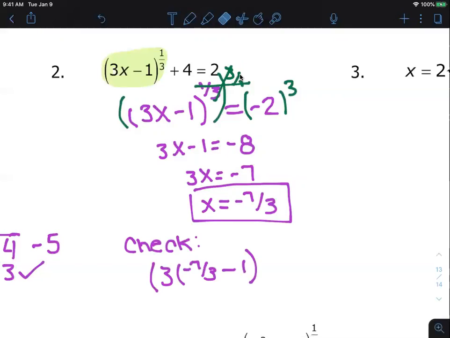You need 2 sets of parentheses because I plug in the negative 7/3 and then the one that they have, raised to the 1/3 plus 4. You're going to hit enter in your calculator and it should be 2. So that solution does work.